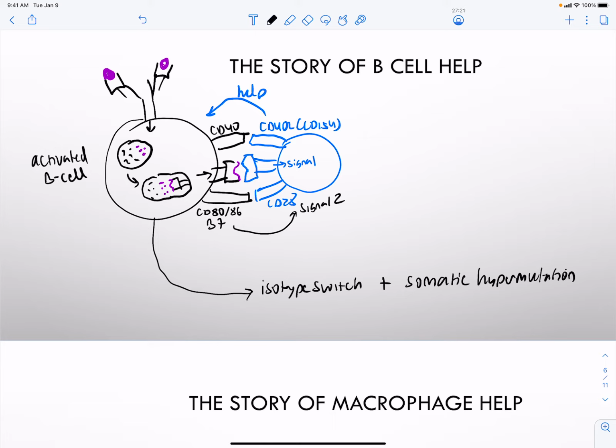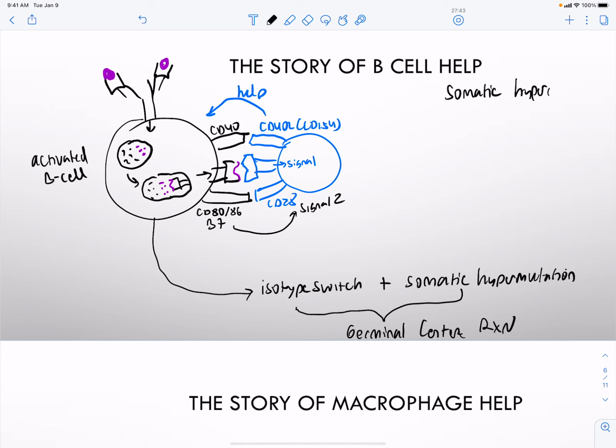And all of this occurs in the germinal center reaction. Now, somatic hypermutation is basically where you have your B cell receptor.